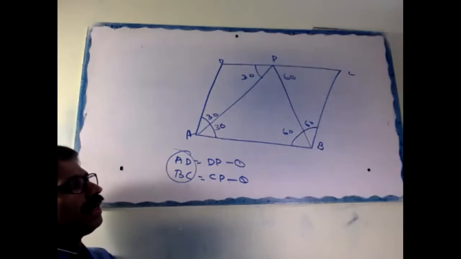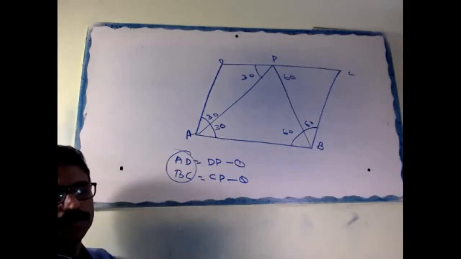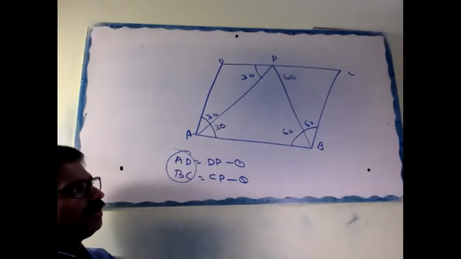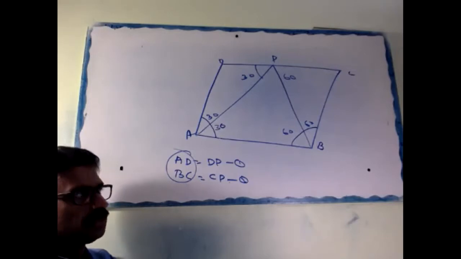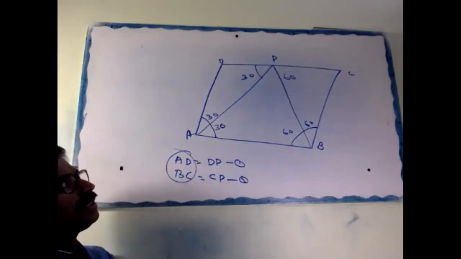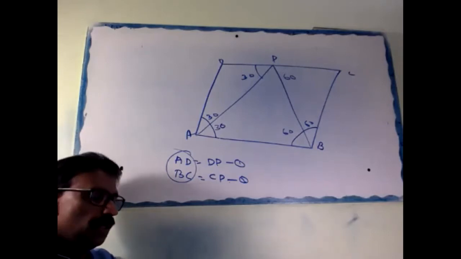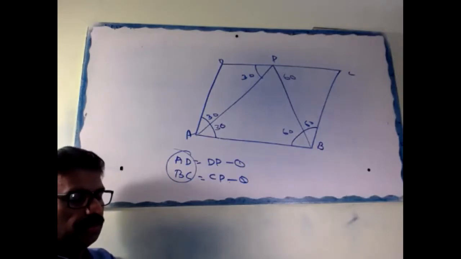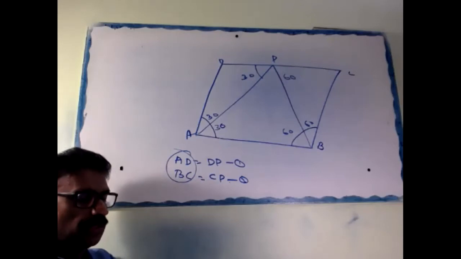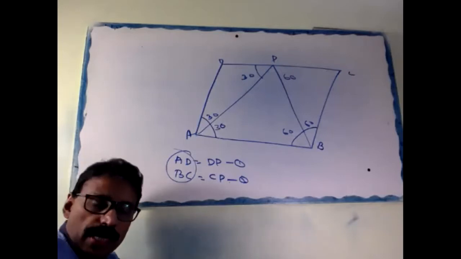Then angle ABP equals angle BPC equals 60 degrees, alternate angles. Therefore, BC equal to PC. Sides opposite to equal angles are equal.